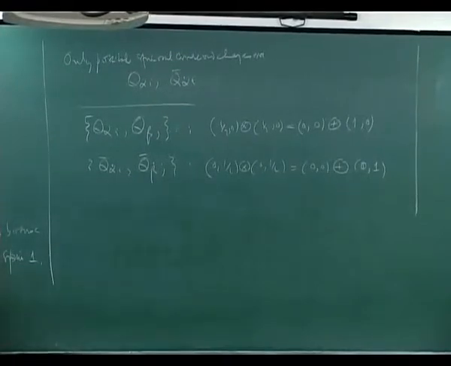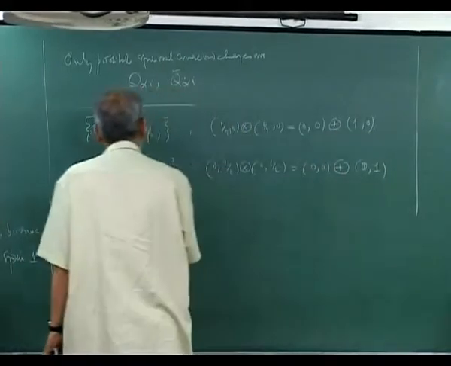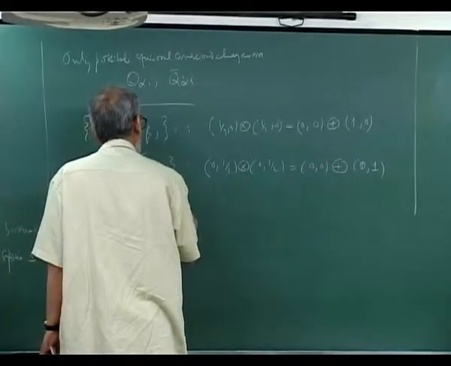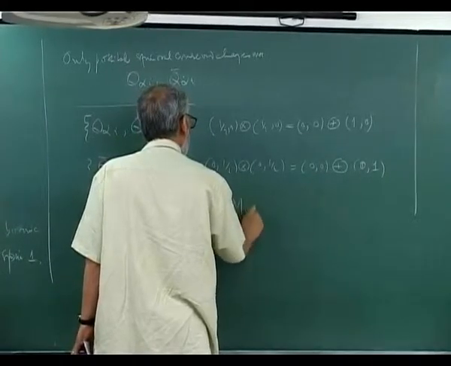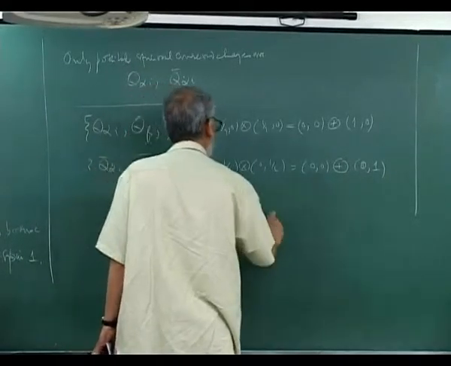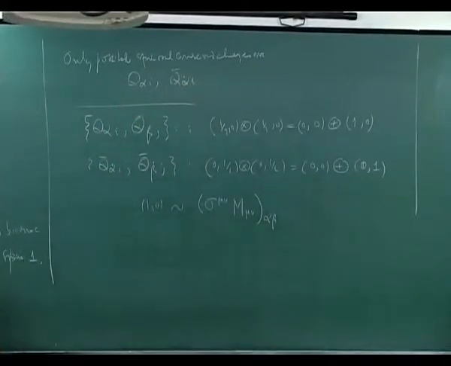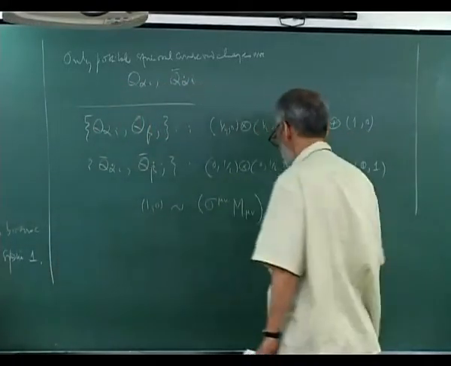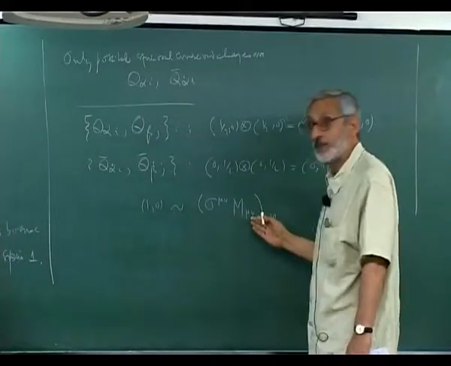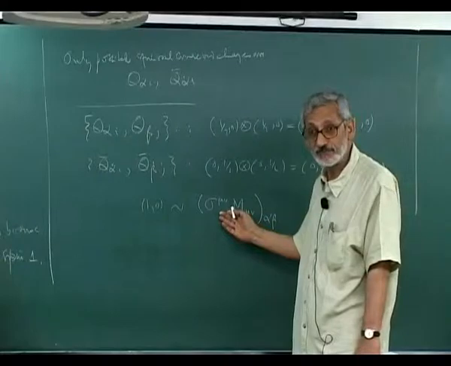Like I already said, this object, a possible conserved charge, we could write as sigma mu nu times M mu nu, alpha beta. Here, sigma mu nu would pick up the self-dual part because sigma mu nu is self-dual.